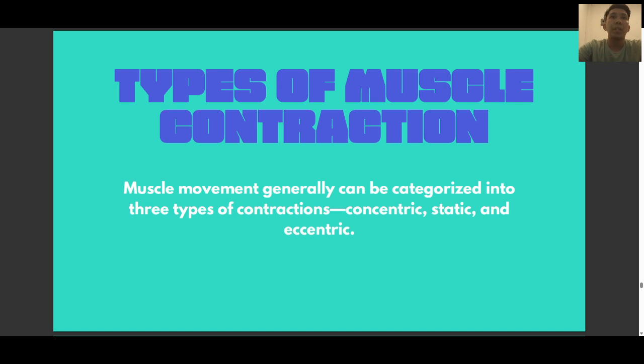Just like in many activities, such as running, the three types of contraction may occur in the execution of a smooth and coordinated movement. So for the sake of clarity, we will examine the three types of contraction separately, right?